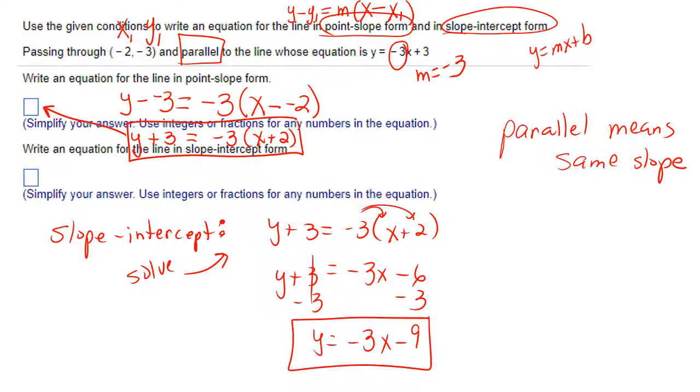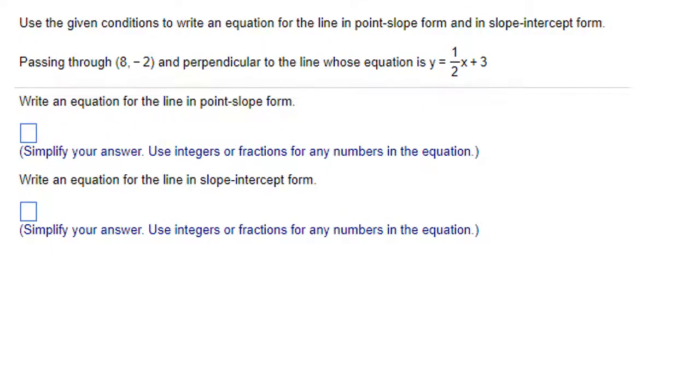This would be the second answer. Again, I'm asked for two versions of the answer. The point slope form is y minus y1 equals m times x minus x1. The slope intercept is y equals mx plus b.